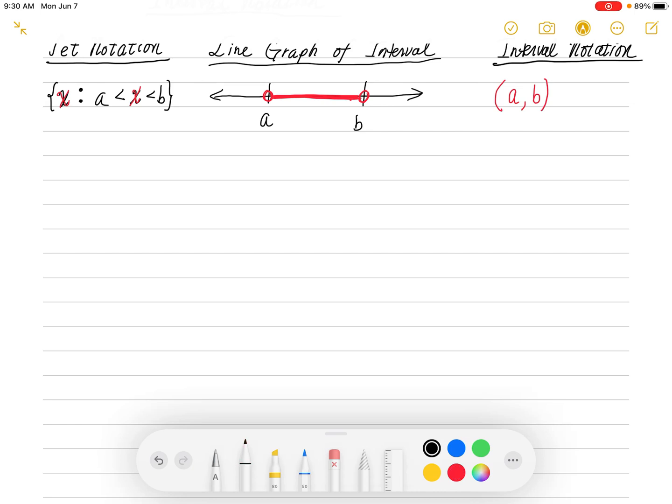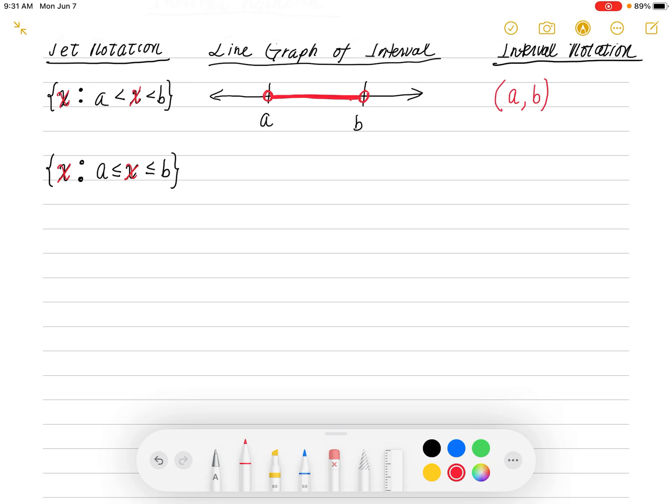Okay, so we want to look at another type of interval. This is different from when you have the parentheses on the left and the right. Here's another type of interval. We're going to write down the set notation first. Set of all x values such that a is less than or equal to x and x is less than or equal to b. So this is all the x values, all real numbers x that are in between a and b, but also they're going to include the endpoints a and b. Why do they include?